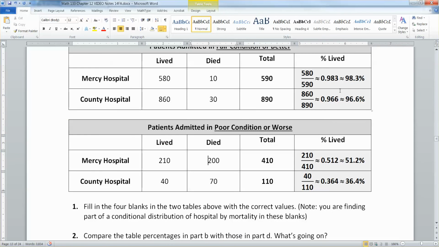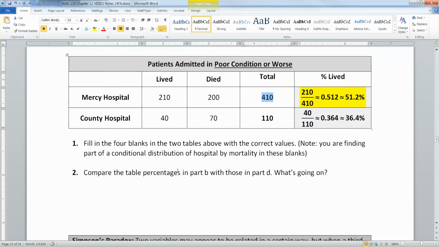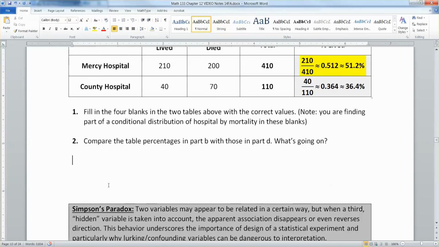So take a look at this real quick. Mercy is doing better with the fair condition patients. It doesn't get as many of them, but it does better with them. And Mercy is doing much better with the poor condition patients, but it has a lot of them. All right, so what's going on?